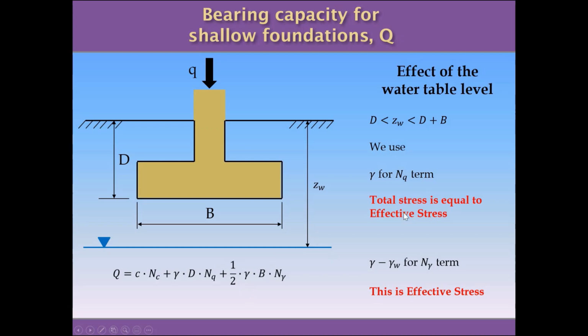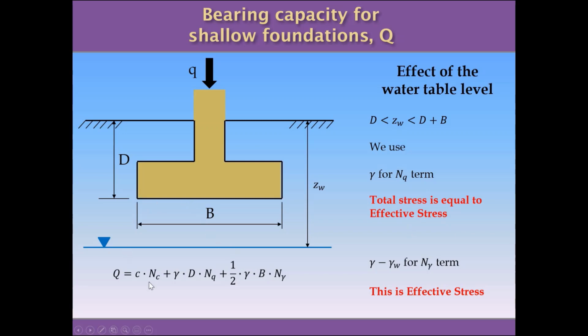Instead of gamma, we're going to use gamma minus gamma water, or gamma W, which means that we are applying the effective stress instead of the total stress. In this area far from the water table, we apply gamma, because this is the case where the total stress is equal to the effective stress.